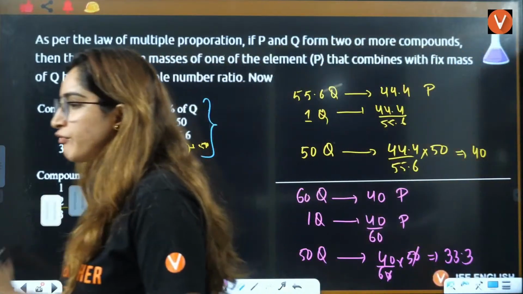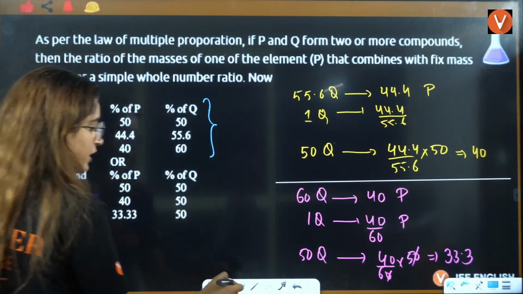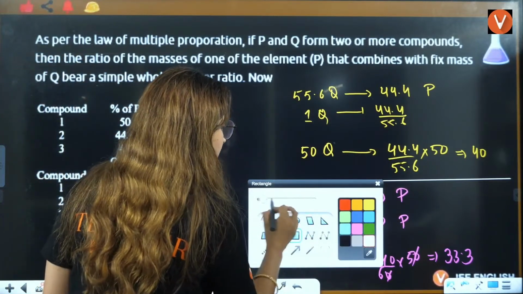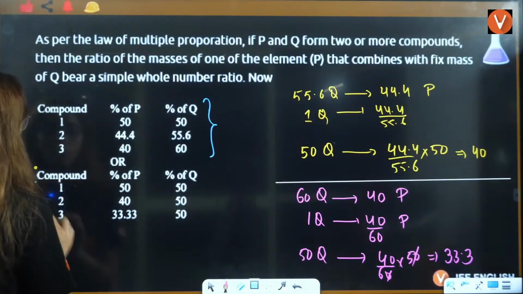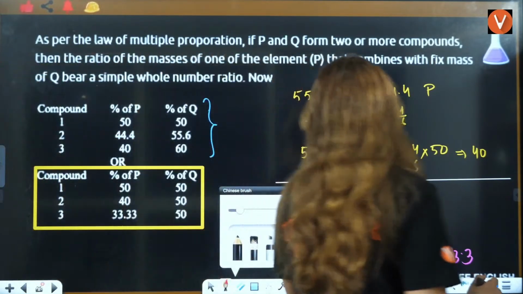So that's why we have this new table here. Instead of writing this, we are having this new table here. Let me know if that is clear to all of you or not. Right, everyone?